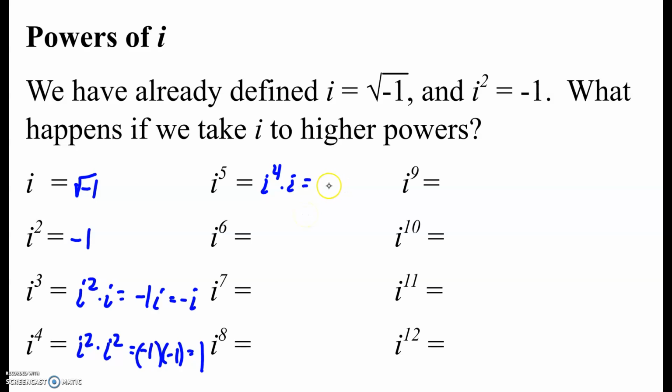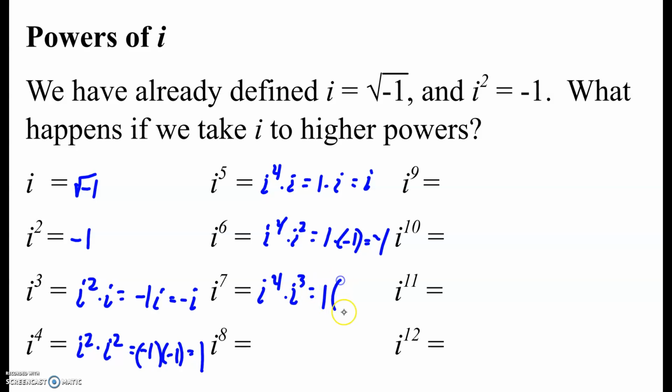So i to the fourth is just 1 times i, which is i. i to the sixth is i to the fourth times i squared, 1 times -1, which is just -1. i to the seventh is i to the fourth times i to the third, which is 1 times the opposite of i, which is just the opposite of i.